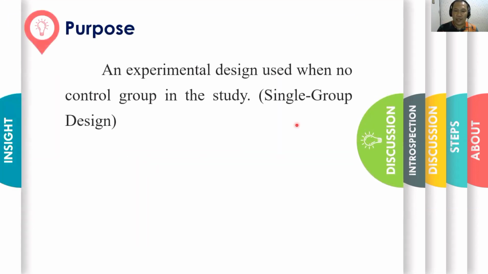Okay, now let's go with the purpose. Now, the purpose of the pre-experimental research design is used when no control group is being studied. Therefore, we only have one experimental group, but we don't have a control group. That's why this is a single group design or one-shot analysis. Okay?